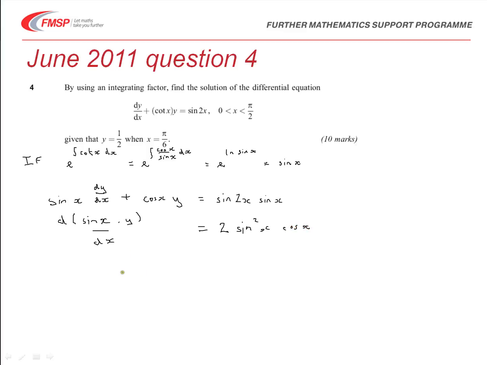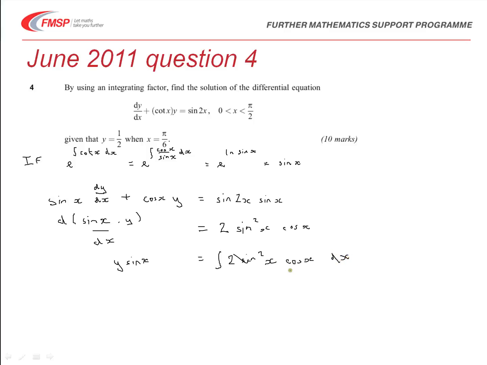So now if we integrate both sides we get y sine x equals, and now we've got to integrate this. Well, if we just write it firstly as the integral of 2 sine squared x cos x dx.